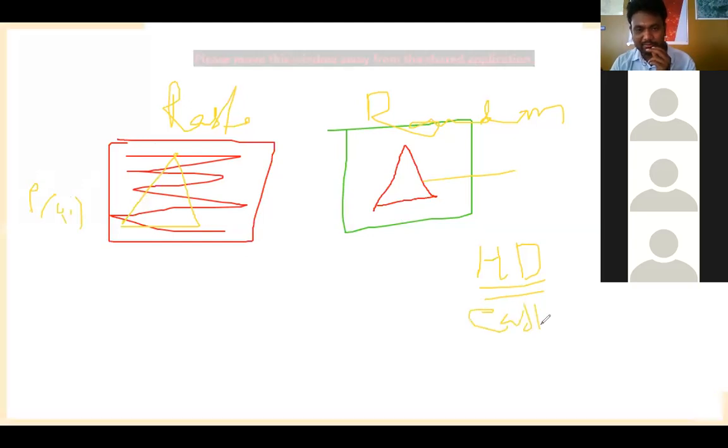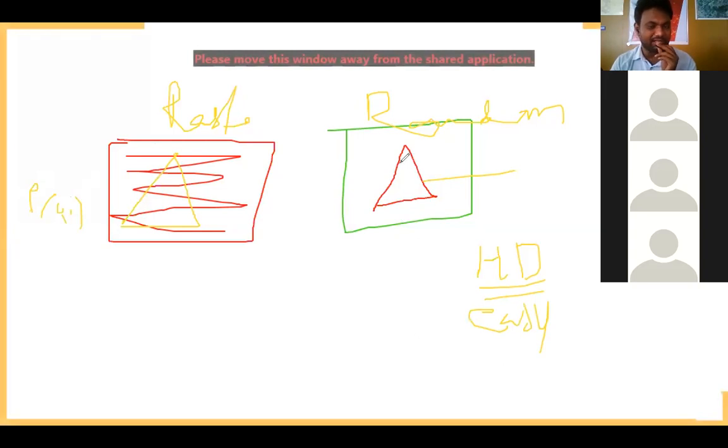We can easily create the figures in the random scan display. But then, what is the disadvantage of the random scan display? We cannot draw smooth curves. Is a circle possible to draw in this random scan display?